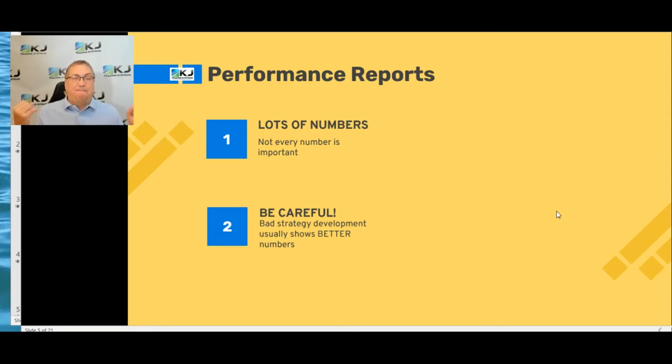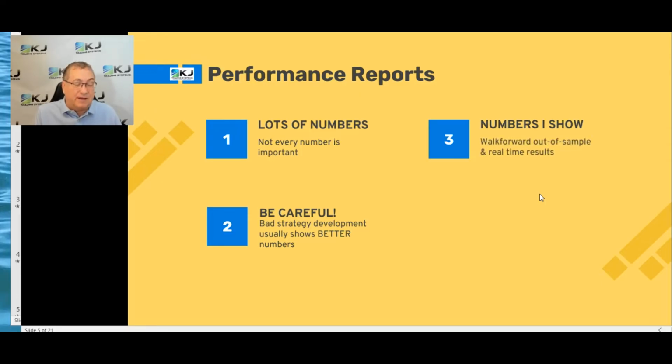And the other big thing is a lot of times better numbers aren't necessarily better. They're better, yeah, they're better looking, but they don't help with real-time performance. And that's where people get hung up. They try to make a perfect looking performance report, the perfect looking back test. And that's always a problem.